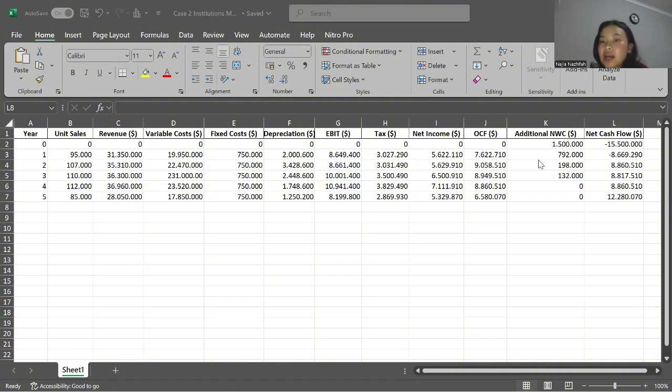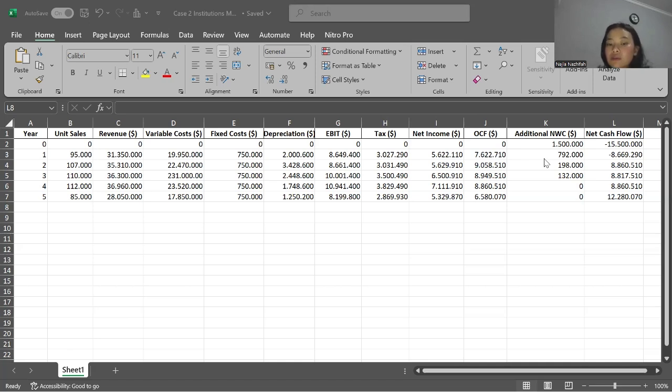And for the additional working capital, sales increased from 95,000 to 107,000, equal growth of 12,000 units. Additional working capital is 12,000 times 330 times 20%. We got $792,000. The rest is net cash flow.